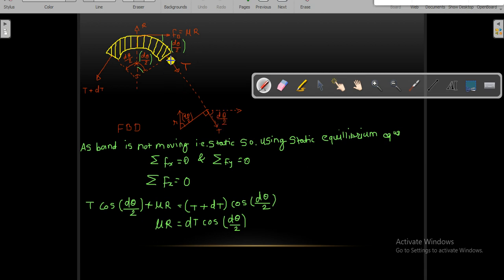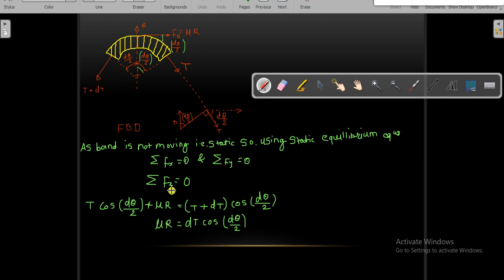Now we will find the cos component or the sine component of T, and we will use those sine and cos components for equating the values in these equations. Let us say summation F of x equal to 0 and summation F of y equal to 0.